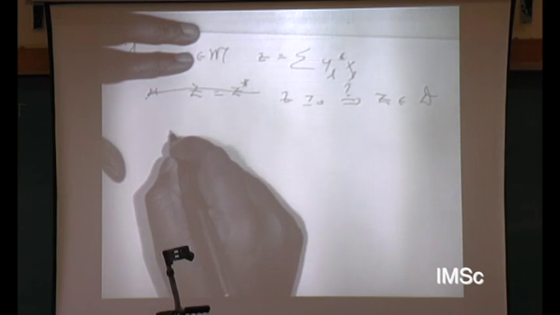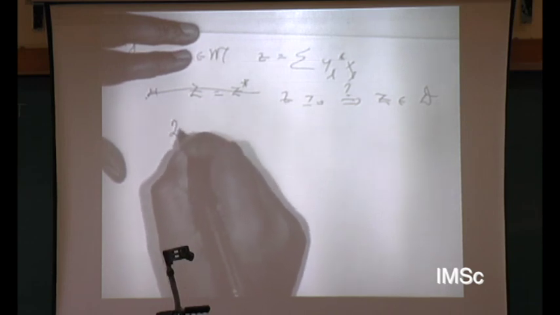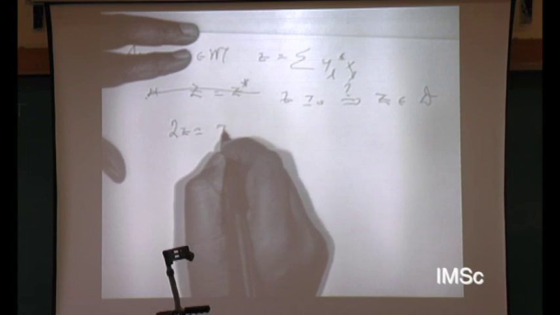So I can write, for example, 2Z equals Z plus Z star.